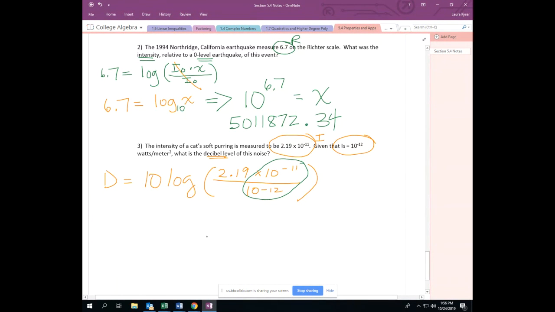Remember, when you have the same base raised to different powers in a quotient, you can simplify those by subtracting the exponents. 10 to the negative 11 minus negative 12 actually means 10 to the negative 11 plus 12, which is the first power.